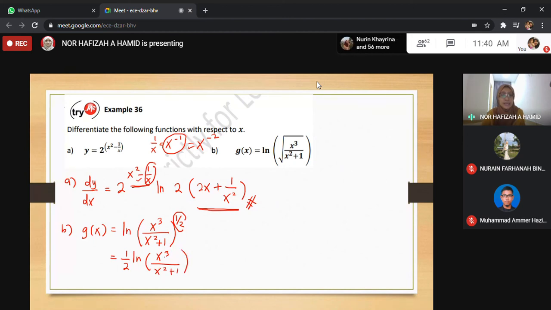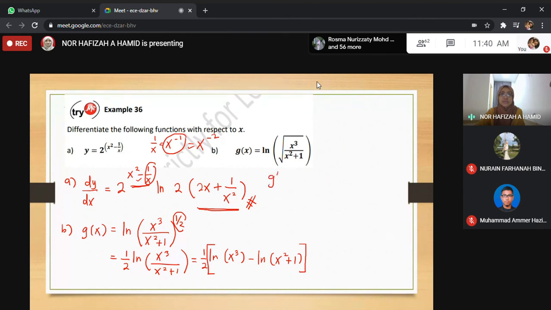Okay, lepas tu you check. You still boleh apply rules lagi, rules for division. So dia also equal to 1 over 2 ln x cube minus ln x square plus 1. Okay, so 1 over 2 ni untuk semua. So after you dah apply semua rules, baru you boleh proceed with the differentiation.